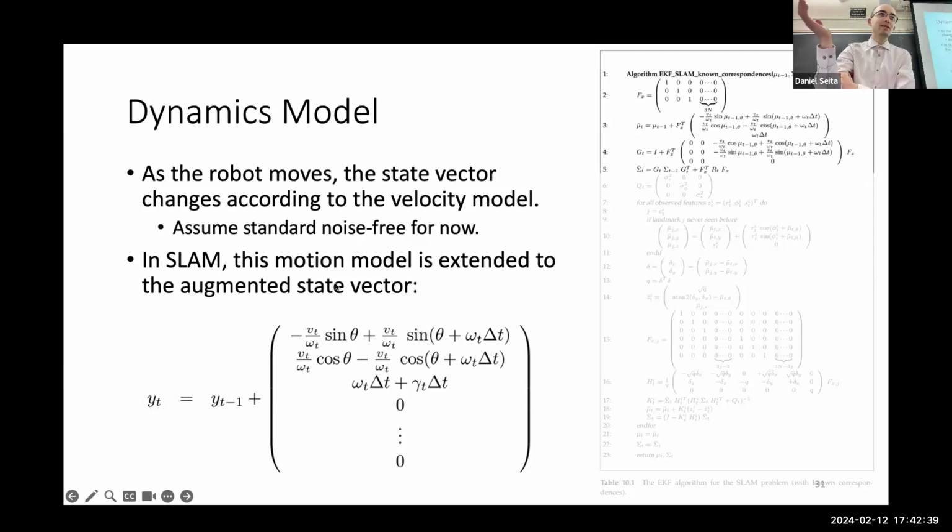Why? Because the motion model only affects the next pose of the robot, but the landmarks don't move. So we don't have any further changes from the motion model. You do get changes when you measure, which is different.